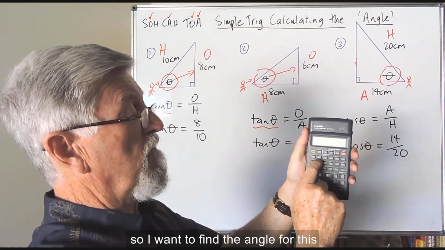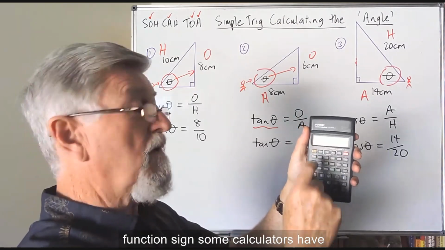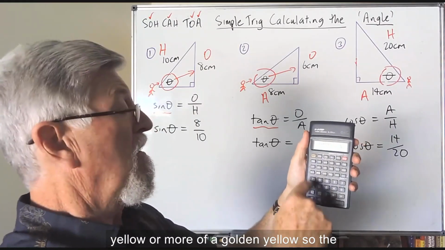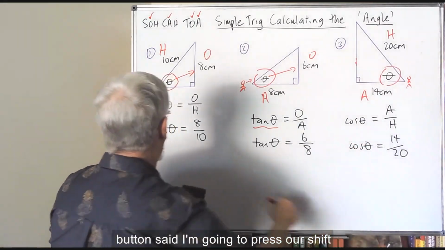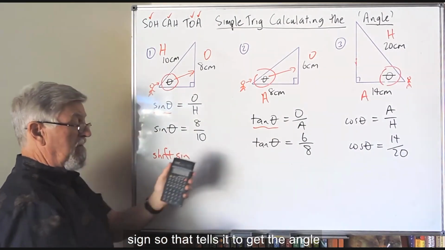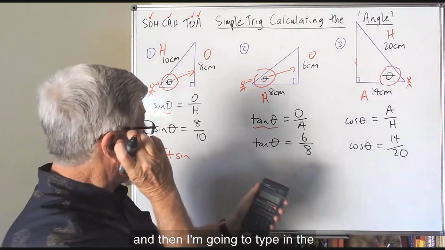I want to find the angle for this question, so I'm going to go second function sine. Some calculators have shift sine, some have a different yellow or more of a goldy yellow. So the buttons that I'm going to press are shift sine, so that tells it to get the angle, and then I'm going to type in the fraction.